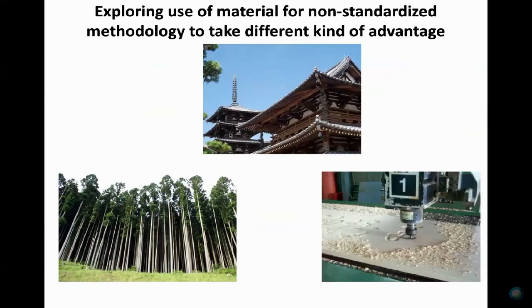And we also started understanding that this doesn't only happen to me when we look at our history of Japanese traditional timber structure. In Japan, wood was almost the sole material for building from ancient times.